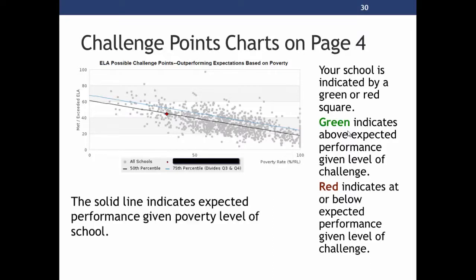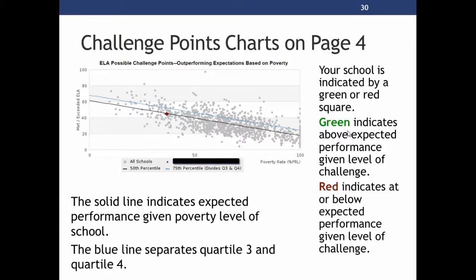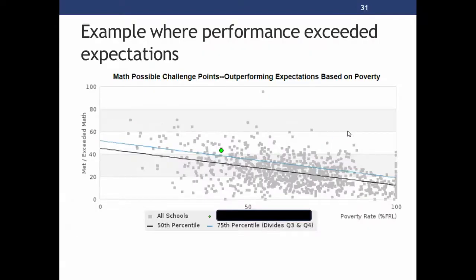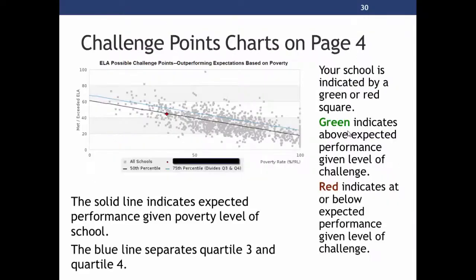The solid line indicates expected performance given the poverty level of your school. So what were you expected to do? What in general would a school with your poverty level be expected to have achieved in 2015? And then the blue line separates the top quartile from the middle quartile. Let's take a look at this, where the prior example is a school that was just at or just below expected performance.